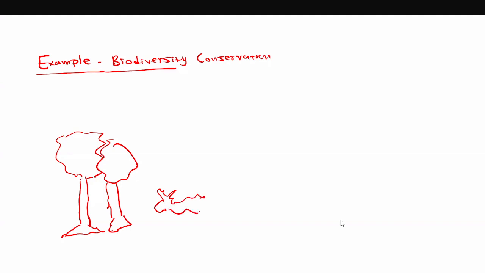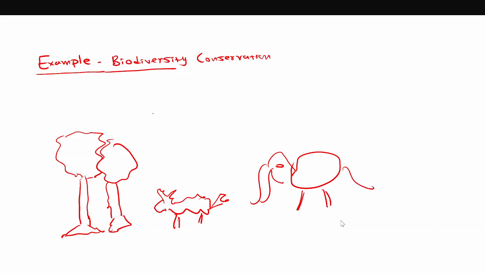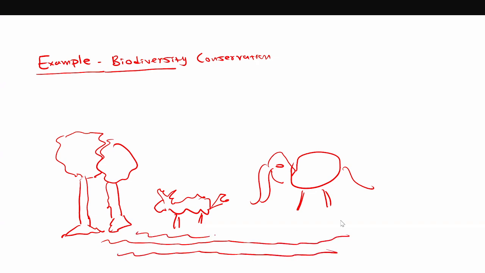Elephants, it's a big story with the elephants. All the components with regards to biodiversity could be there.